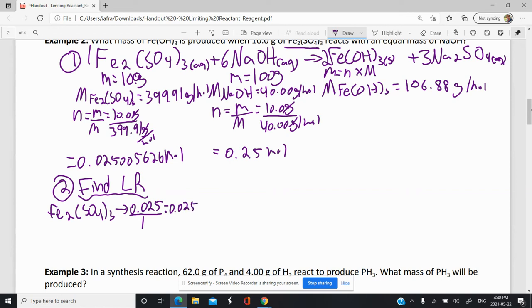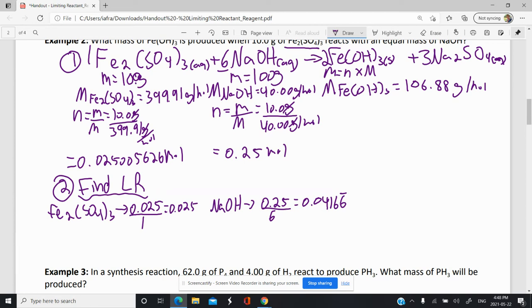Now, over here, for the sodium hydroxide, I'm going to do the same thing. I'm going to take my number of moles, 0.25, divide it by 6, because it's the coefficient. And I get 0.04166, and it keeps going.